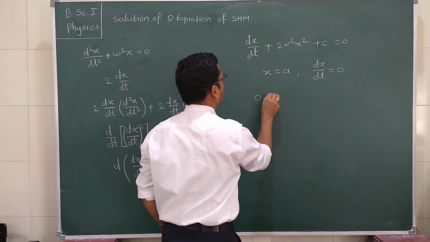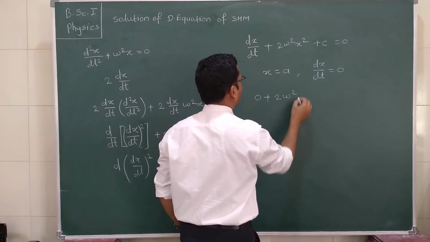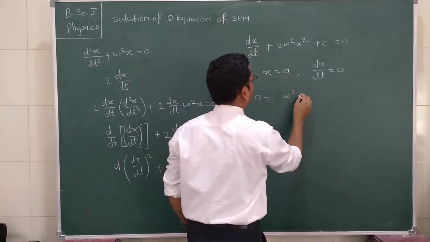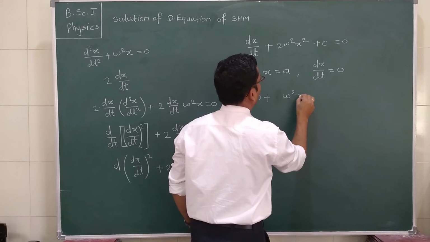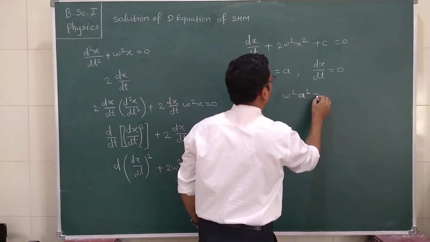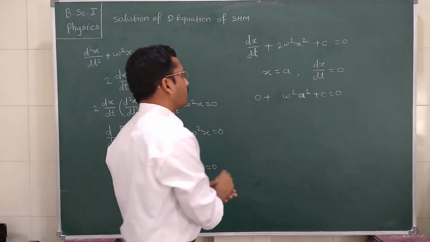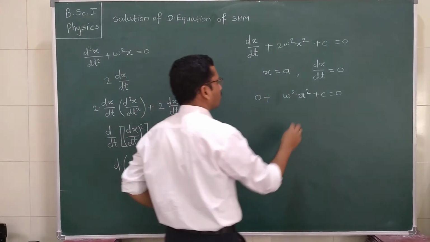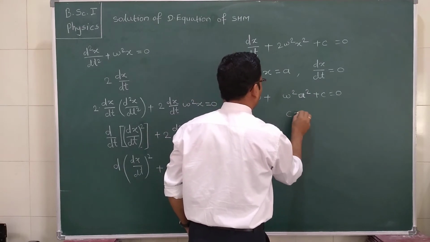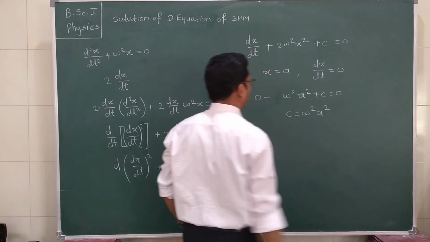So this is 0 plus twice omega square, or this twice we cancel, it is omega square a square plus c is equal to 0. So we can write c is equal to omega square a square.